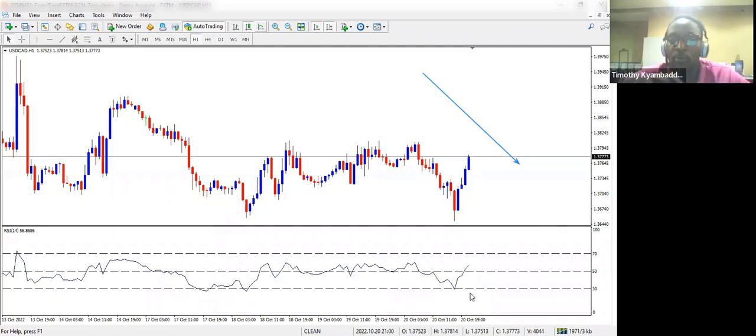So when you're looking for action in the downward bias, remember we said we're looking for action in the downward bias. So we're going to be looking for conditions that are overbought.